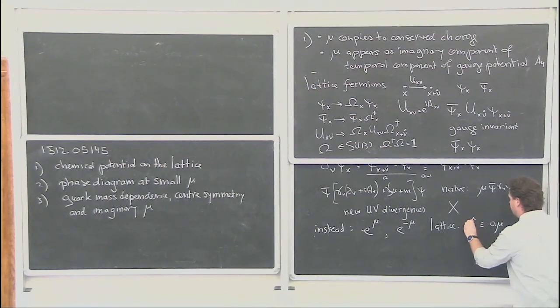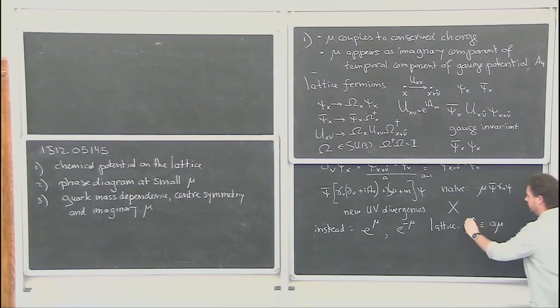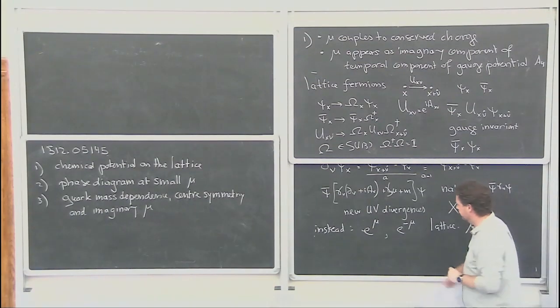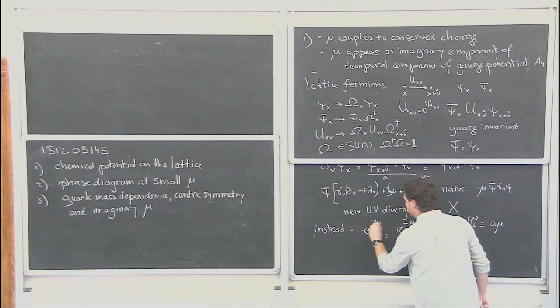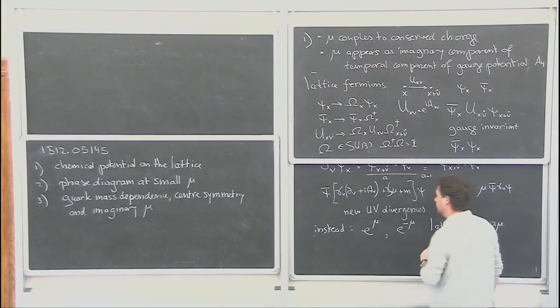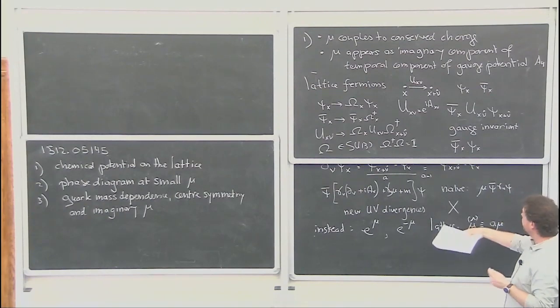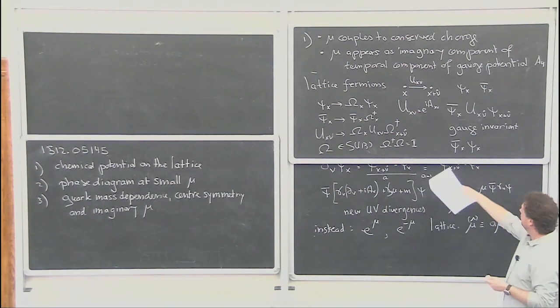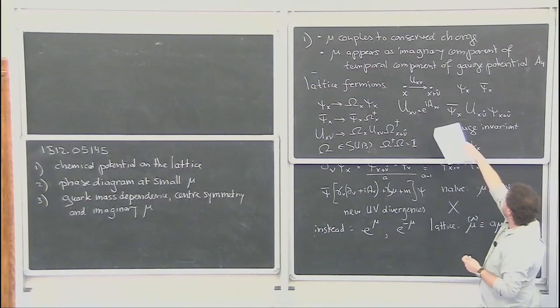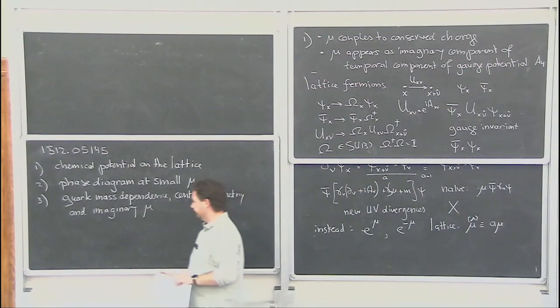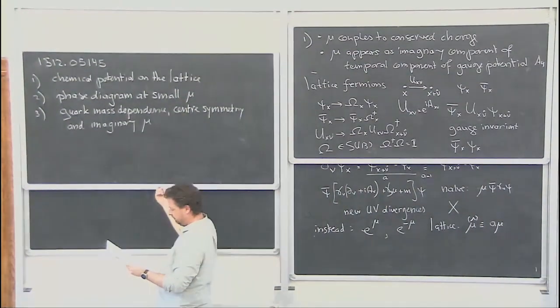I won't write the hat on there, and just write it as mu. So this should always be understood as e to the a mu, or e to the minus a mu. I want to introduce it as a vector potential, which appears in the exponent and appears between two nearest neighbors. And if I do that, I end up with the term as follows.